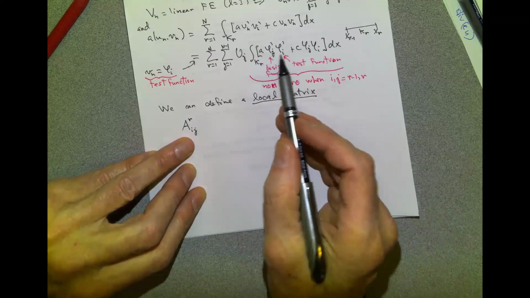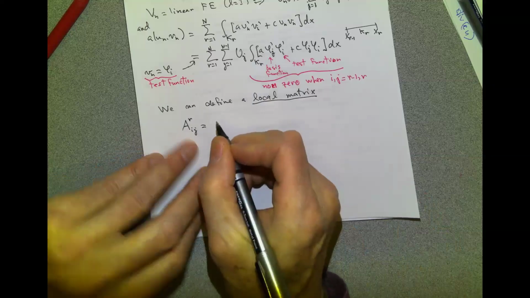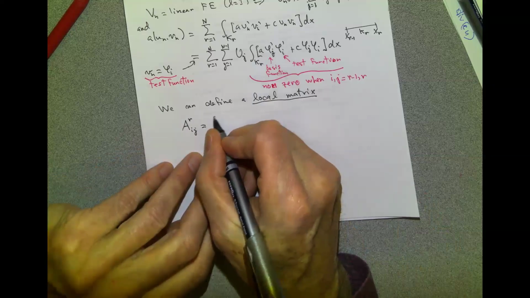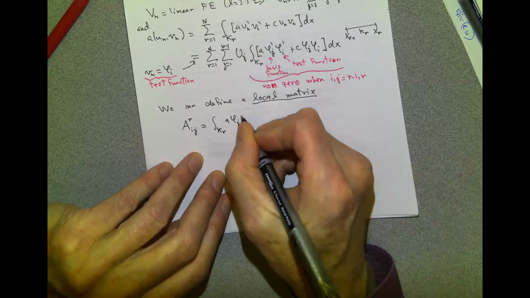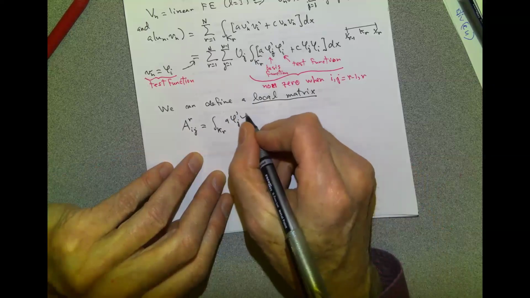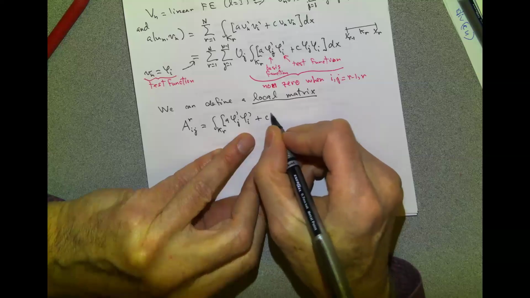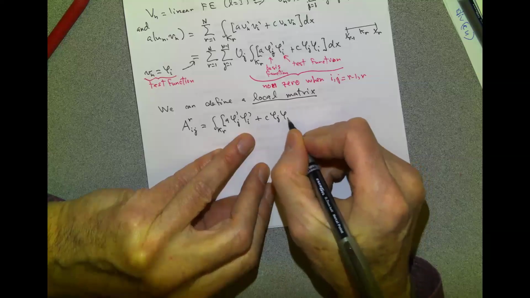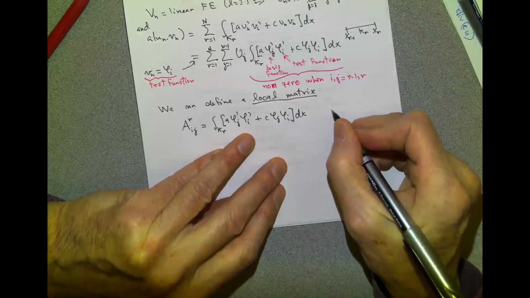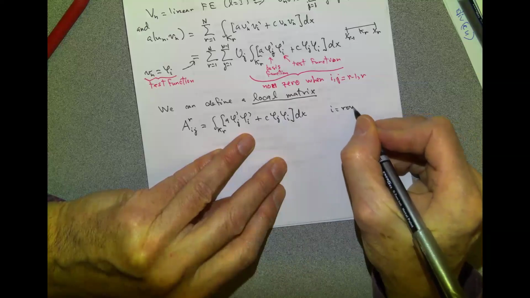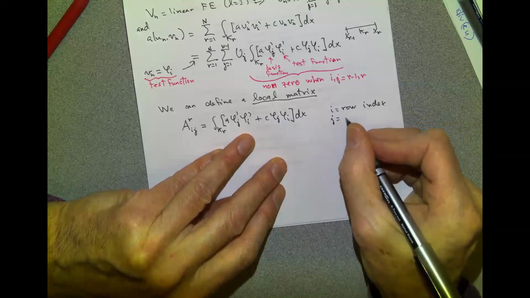I'm summing on the column here, right? So that means I'm going to have the matrix, which is nothing but the integral over K_r of a phi_j' phi_i' plus c phi_j phi_i this way dx. Keep in mind that here i is the row index and j is the column index.